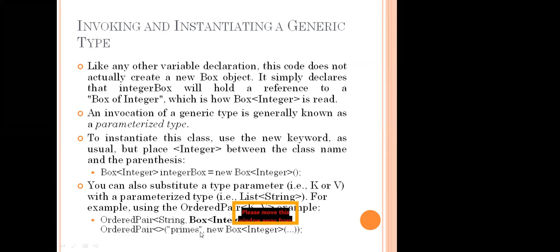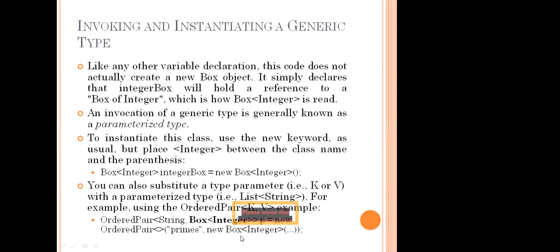So here the string is primes, and prime numbers are what? Again, they will be integers or characters. Prime numbers include only integer values. So that's why we write it again.